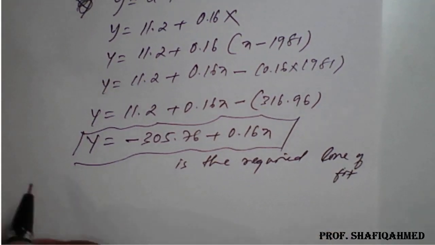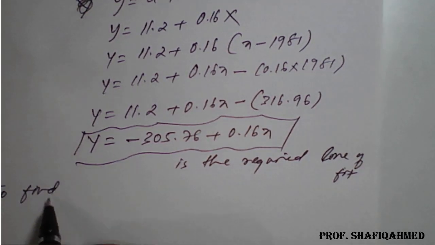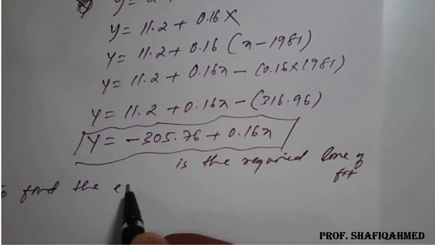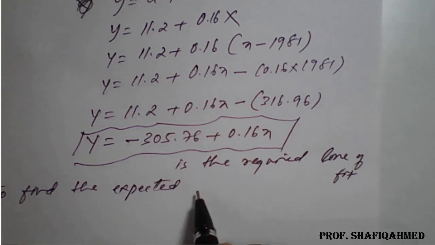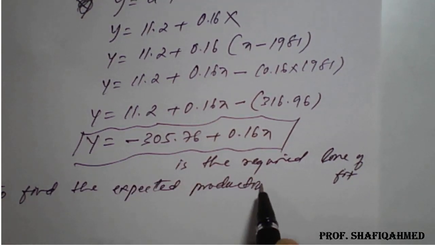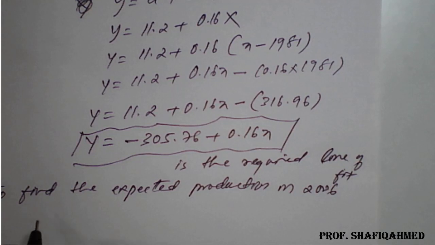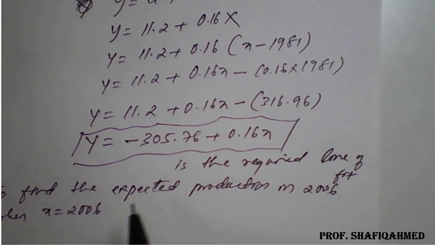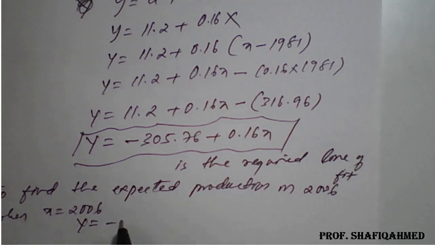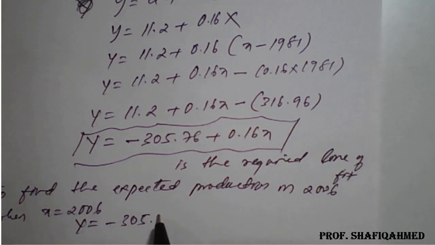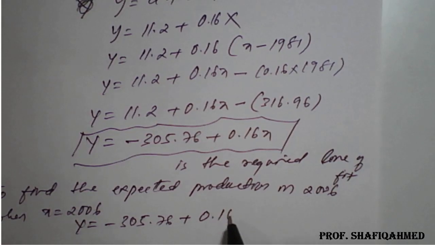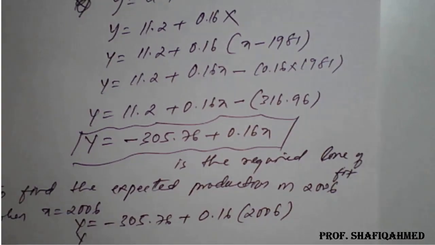So to find the expected production in 2006, that is when small x is equal to 2006, we need to apply here: y is equal to minus 305.76 plus 0.16 into x value 2006.